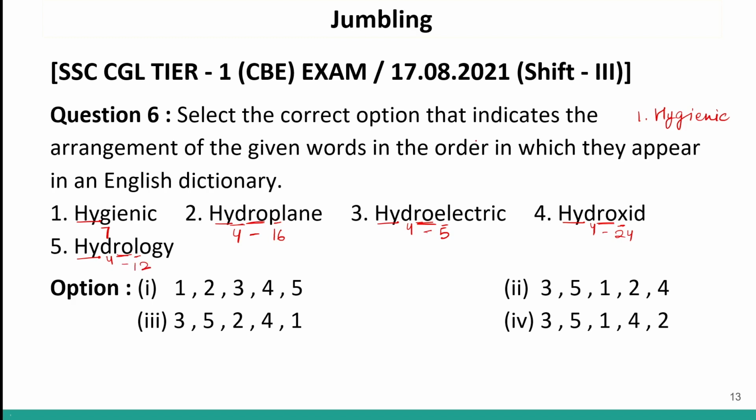So very clearly the first word will be hydroelectric. The next word will be what? Hydrology. The next word will be hydroplane.